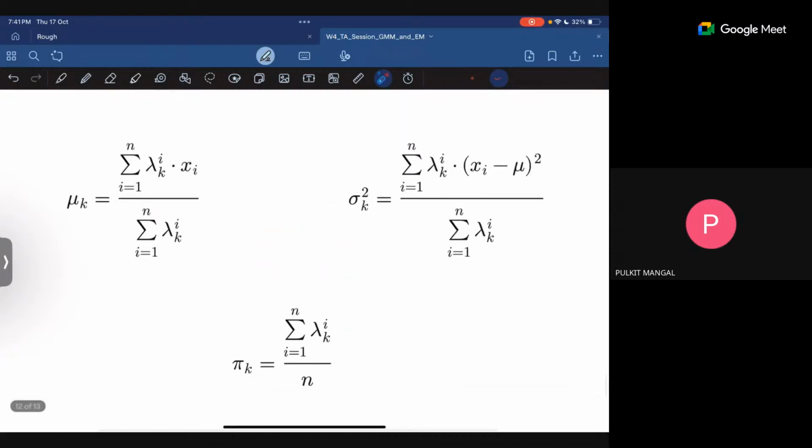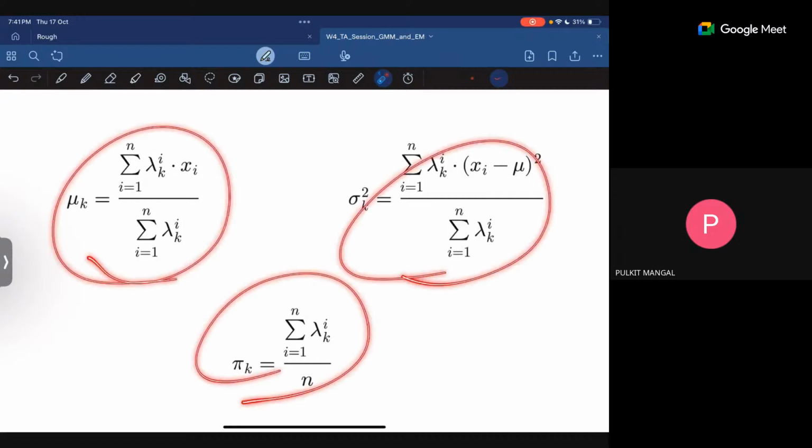Is the M step clear? I know these things might be a little bit hard when you see this for the first time, okay? And mostly we won't be asking derivation type questions from this. So at least try to remember the formulas, okay?